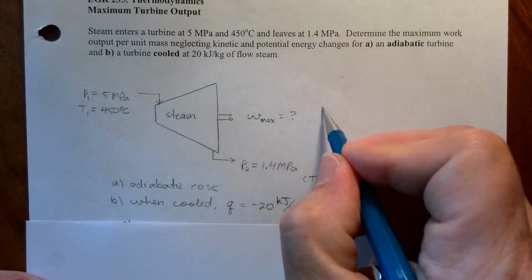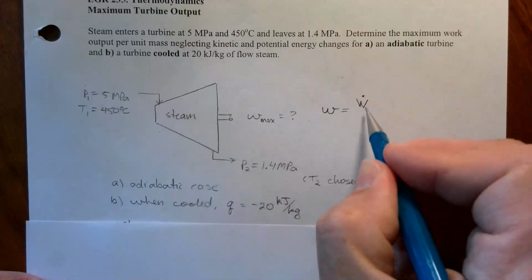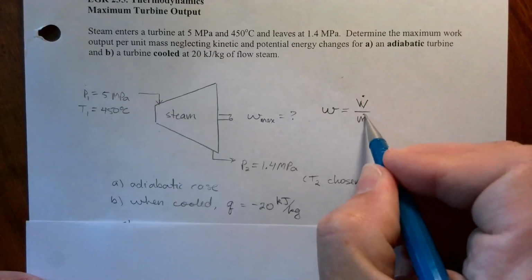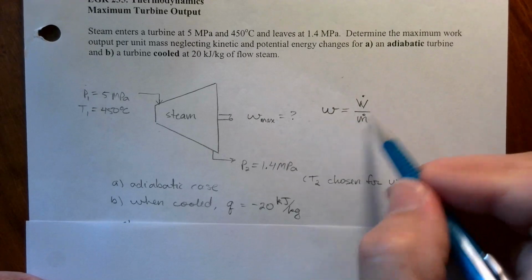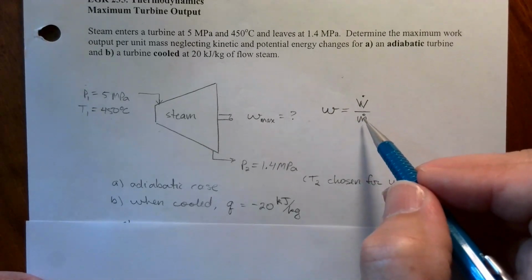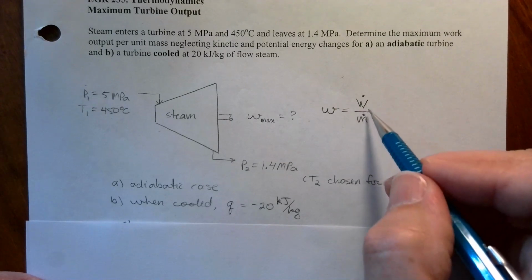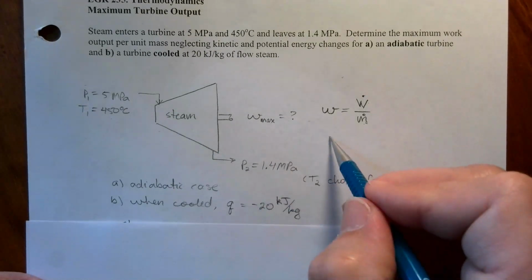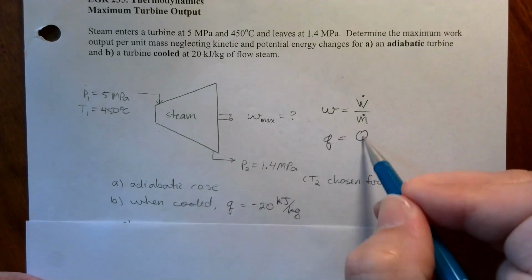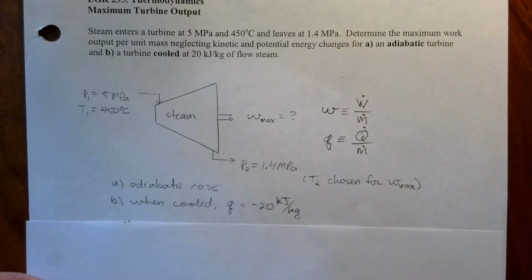Little w is actually the power per m dot flowing, and the two rates cancel, so in the end this will be a kilojoule per kilogram. But it's still a comparison of the rates: the power divided by the mass flow rate. Same thing for Q. Little q is Q dot divided by m dot.